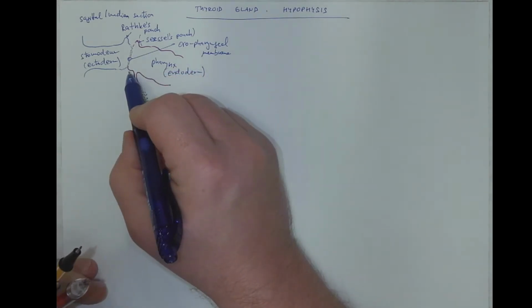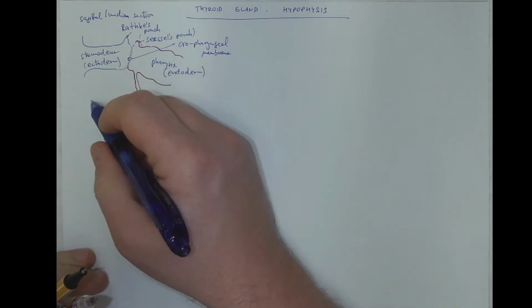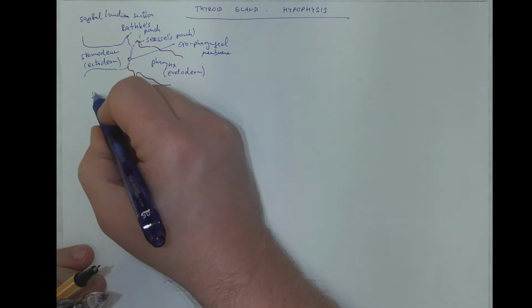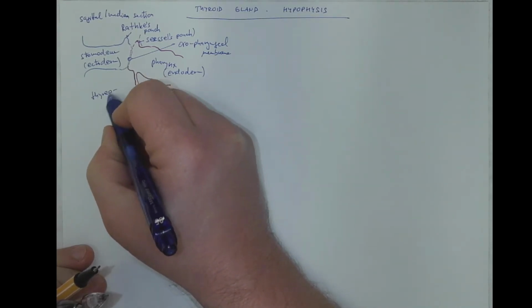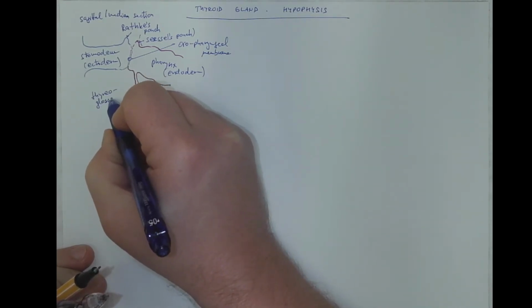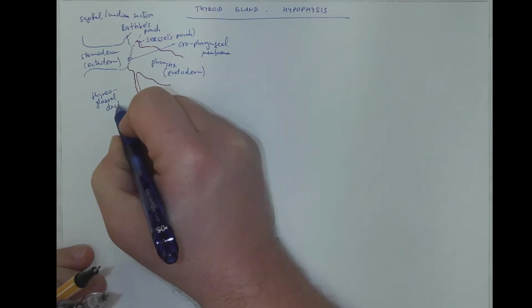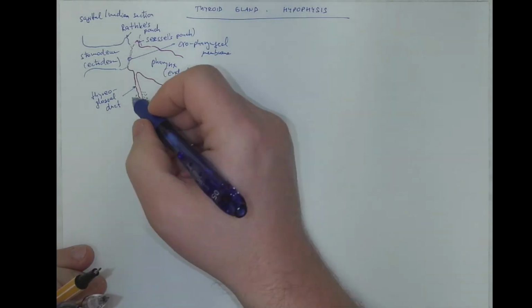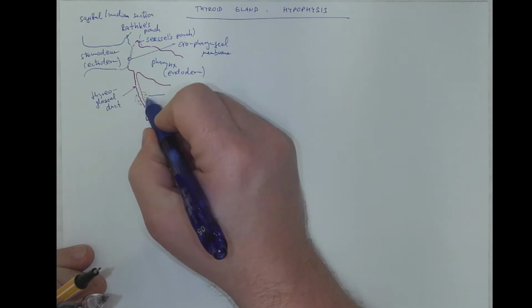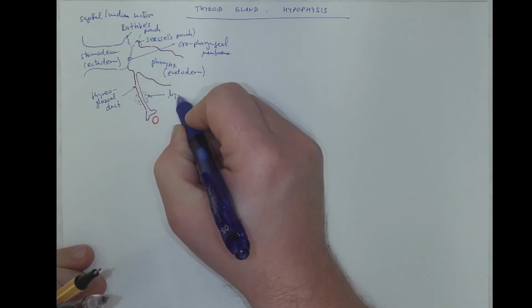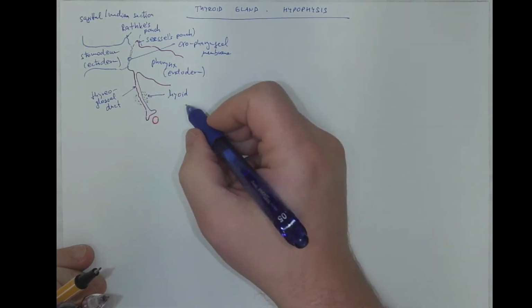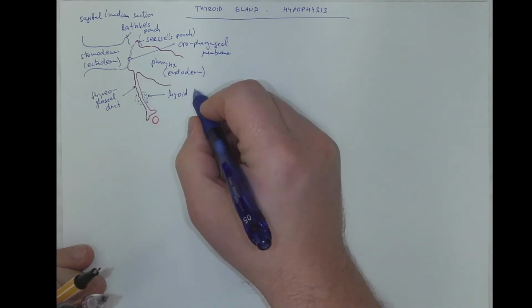And from the endoderm there grows the thyroglossal duct, around which the hyoid blastema, the blastema of the hyoid bone, is condensating.